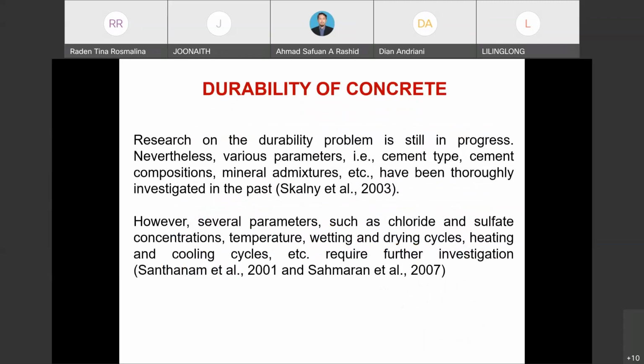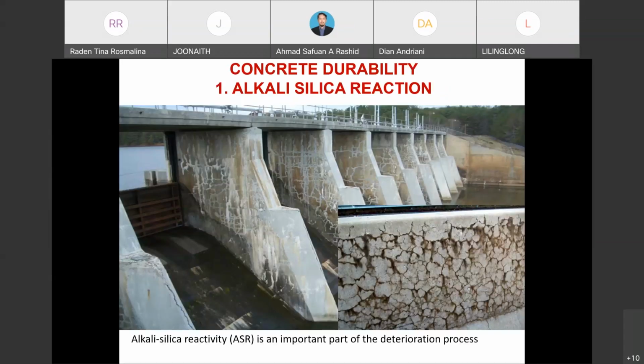So this is another example on the durability of concrete. You can go through it later on. The words here are 'require further investigation'. This is some of the study related to ASR, alkali silica reactivity. Actually, this slide was prepared by the previous lecturer, who is in the materials field, and I added a little bit on the geotechnical field inside this slide.